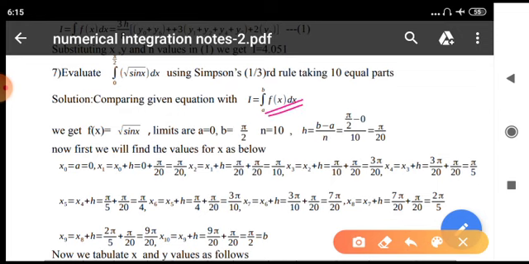We get f of x as root sin x, lower limit a as 0, b as pi by 2, n is given as 10. So h will be calculated using the formula b minus a whole divided by n, which is pi by 2 divided by 10, so it will be pi by 20.